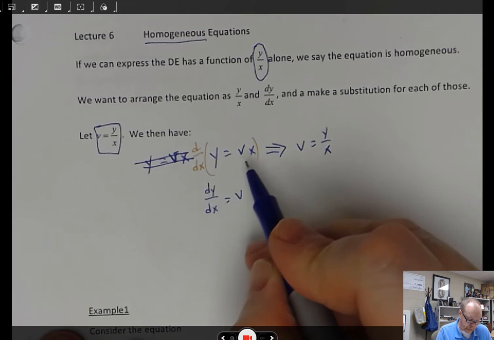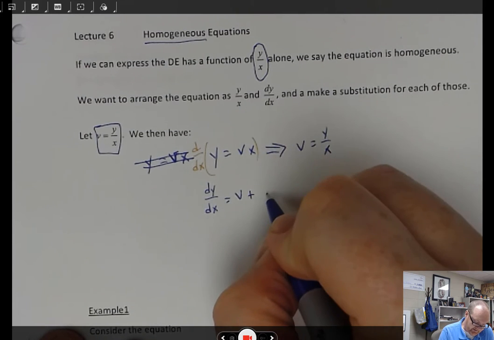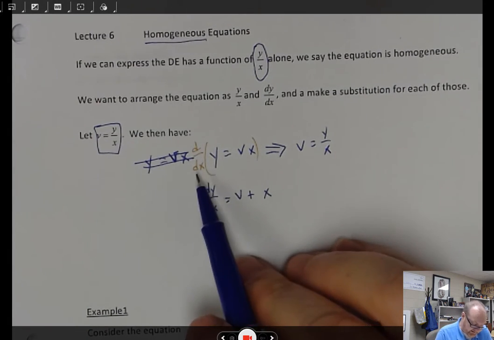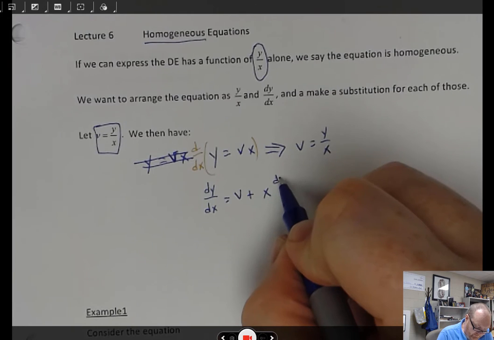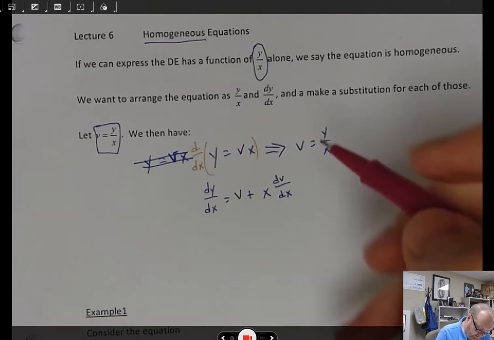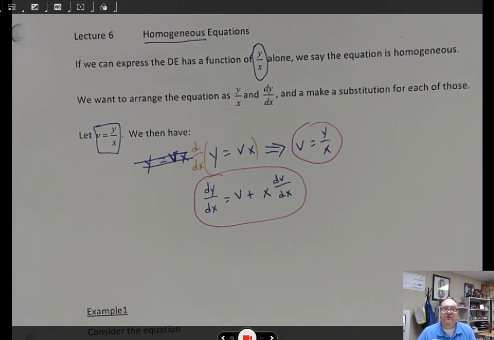The derivative of x with respect to x is nothing more than a 1. Plus the second, which is x, times the derivative of the first with respect to x, which is the derivative of v with respect to x. So this and this are going to be the substitutions that I use to solve that problem.